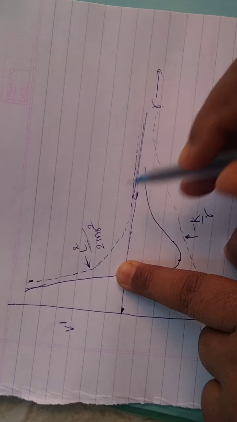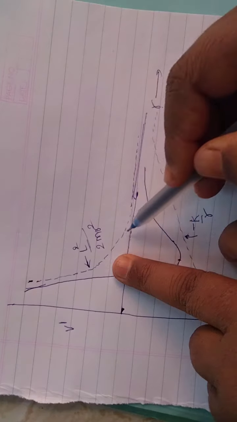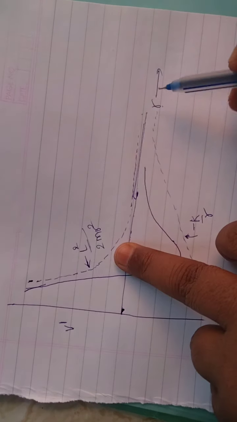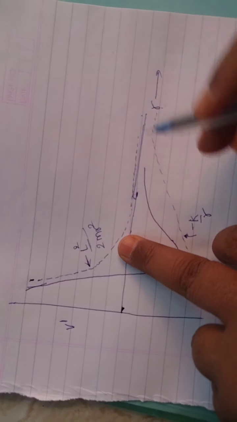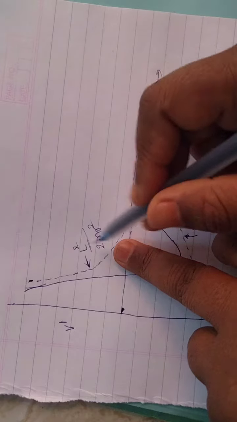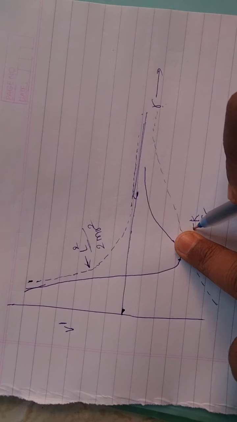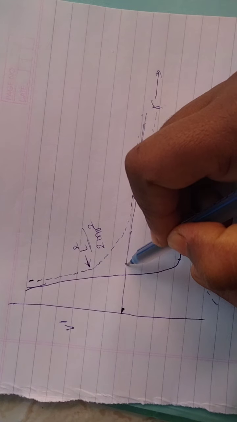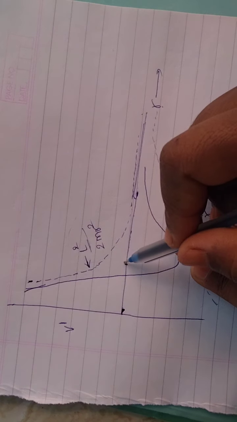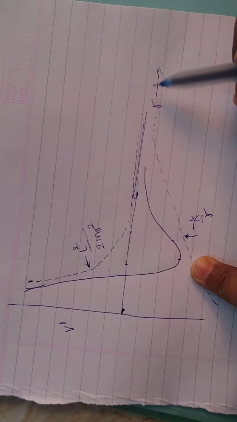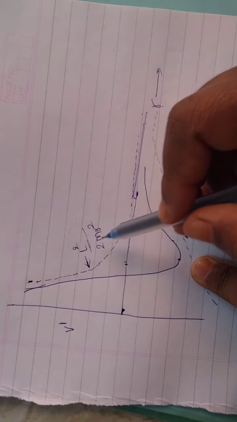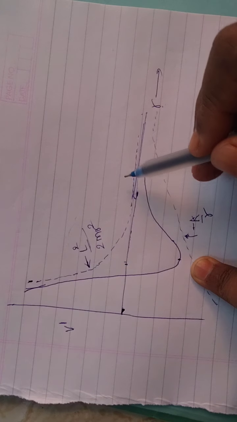As r increases, this term dies faster, so this term is more dominant than the other in this region. As distance increases, this term gradually decreases.